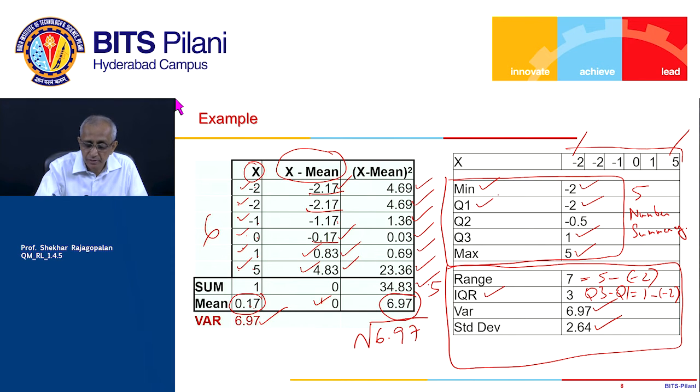The second one is the first quartile. The third number is the second quartile, which is the 50th percentile, which is the median. Then you have Q3, which is the 75th percentile. And finally, the maximum number. This is called the 5-number summary, which we are going to use in the next slide to develop something called a box plot.